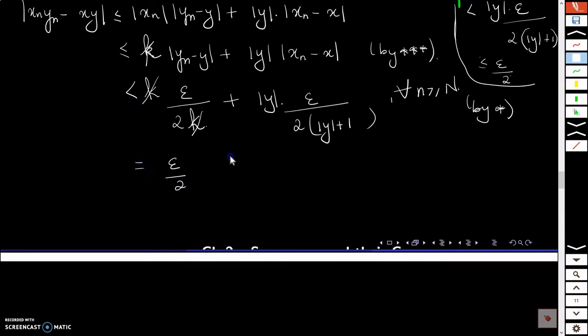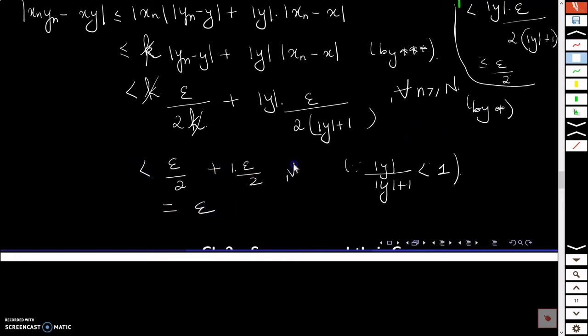In fact, here it will be less than or equal to, since mod y upon mod y plus 1 is less than or equal to 1. Okay, it is strictly less than 1 actually. I can put the strict inequality there. And here also I can do the same thing. I can say that it is strictly less than this, and this turns out to be epsilon.